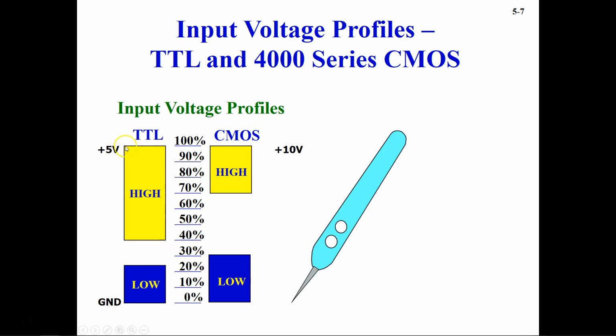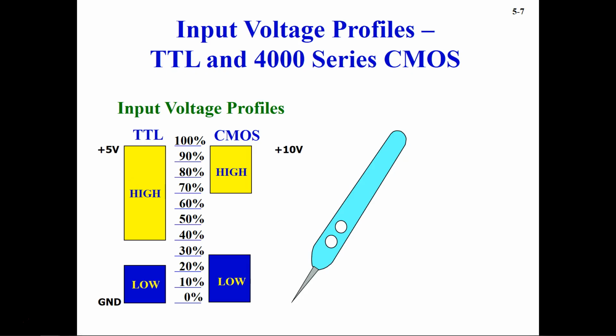From 40% to 100% is for high, and for low is 0 to around 25%, whereas CMOS has a low input voltage profile typically higher than the TTL, and the high voltage profile is smaller in range when compared with the TTL.